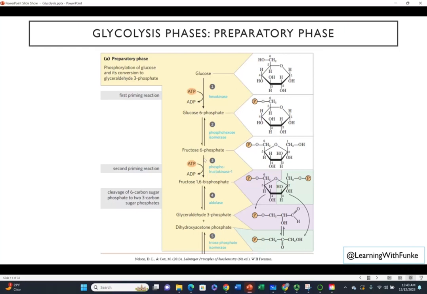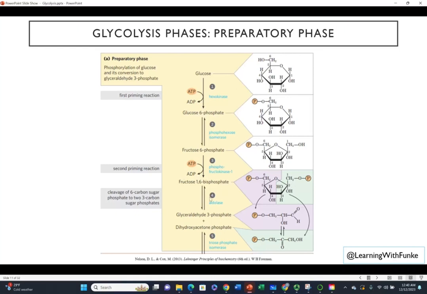Here, F6P reacts with ATP to produce ADP. And then we get fructose 1,6-bisphosphate. So what you see here is we started with fructose 6-phosphate, right? Only phosphate at the 6th carbon. But then it has reacted with an additional phosphate from ATP. And then the first carbon also gets phosphorylated.